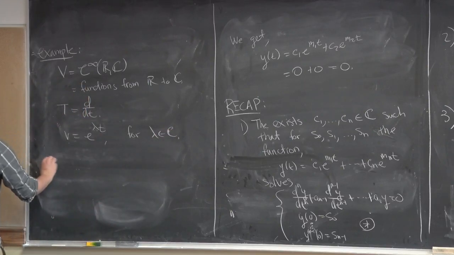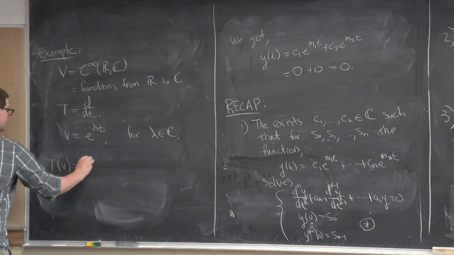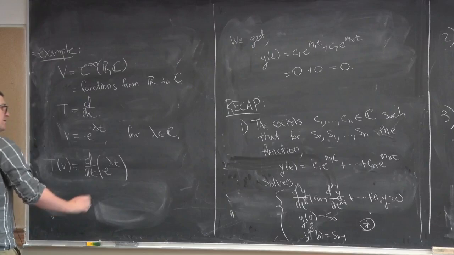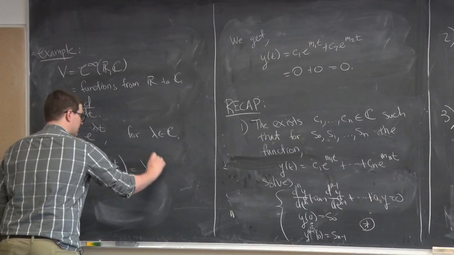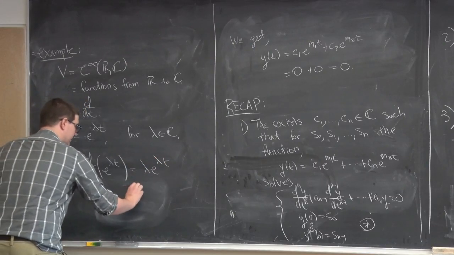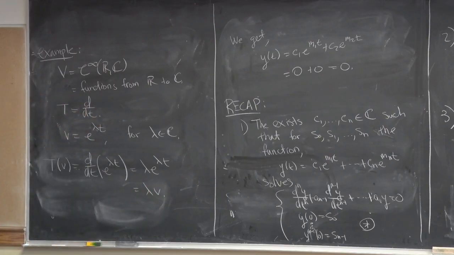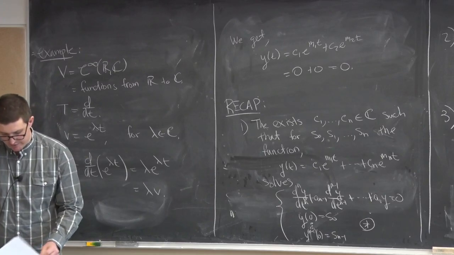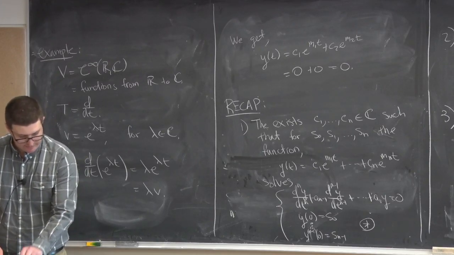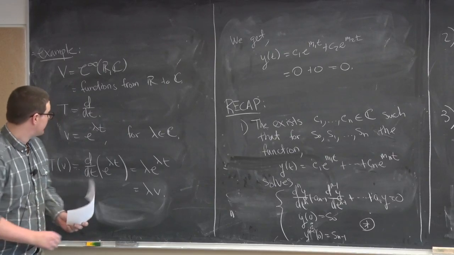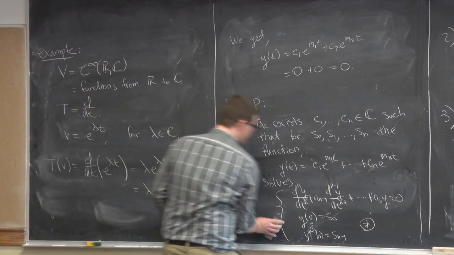Then note that TV, d dt of e to the lambda t, is equal to lambda e to the lambda t. And so this is equal to lambda v. Okay, so v is this function here. Another situation you can have is where we have a particular matrix that we could look at. So let me give you another example that's maybe more familiar.